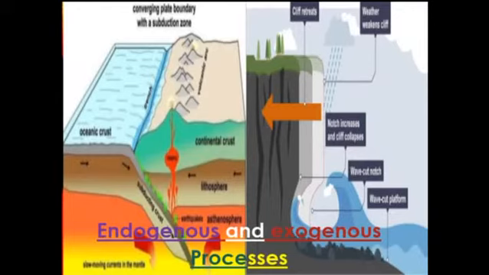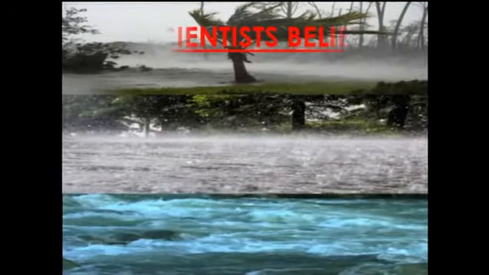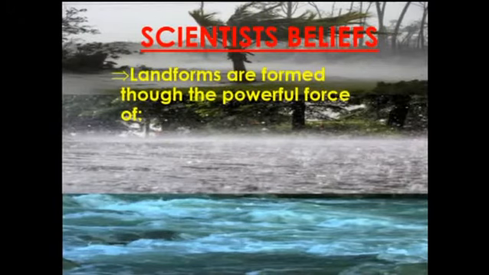This wearing down of the earth's surface is called erosion, while the surface that is built by this process is the process of deposition. But majorly the scientists believe that these landforms are formed through the powerful forces of wind, rain and rivers. Now we shall discuss each of these landforms in detail.